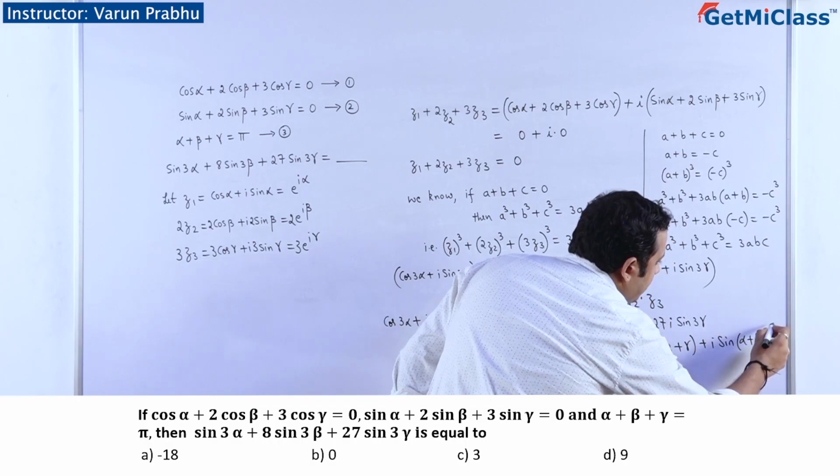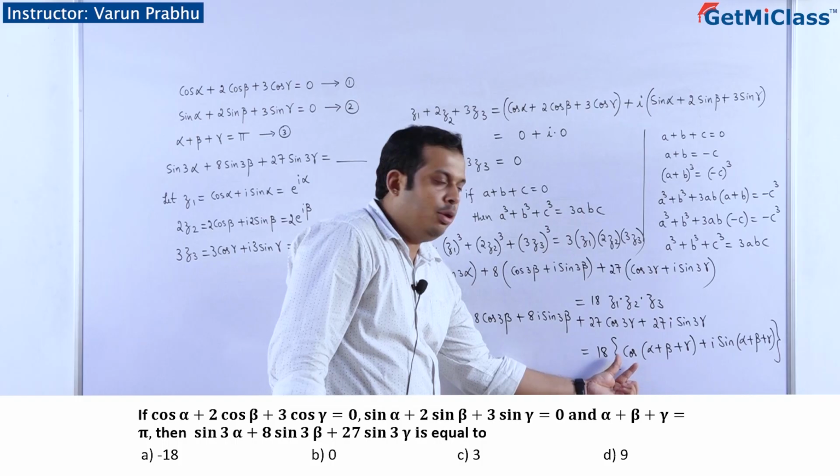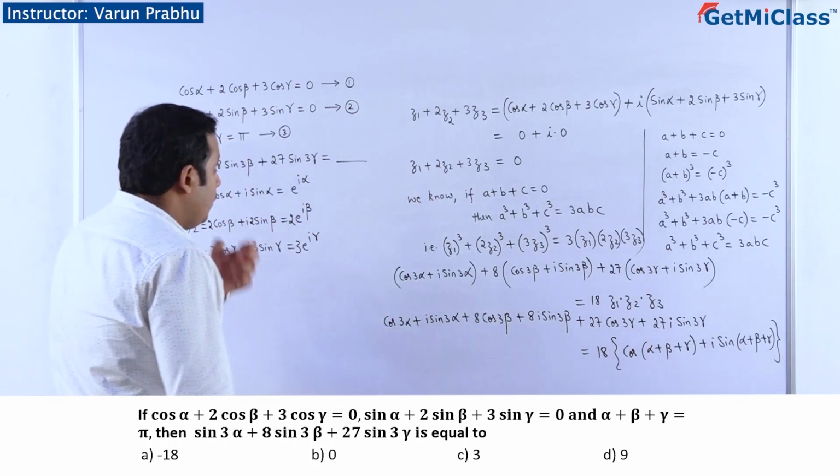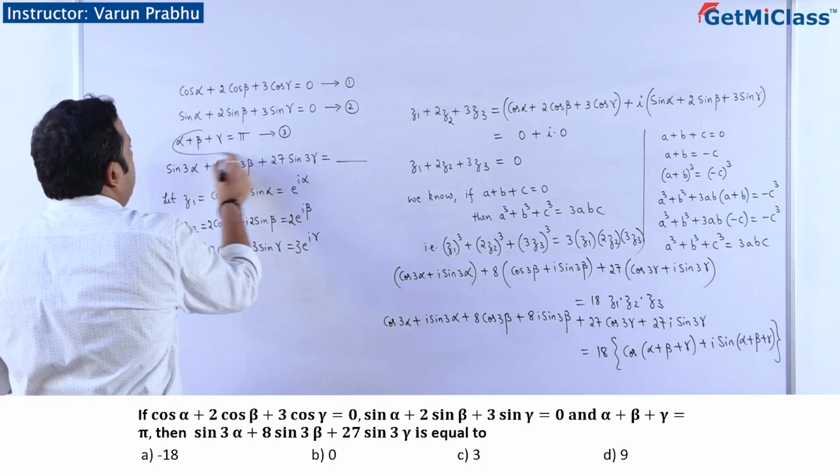When you multiply complex numbers, the arguments get added. So I can clearly say cos of alpha plus beta plus gamma is cos pi from here.